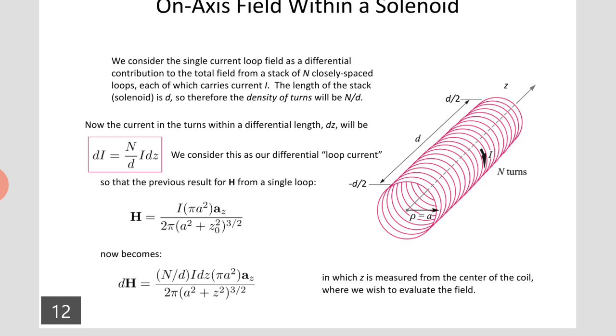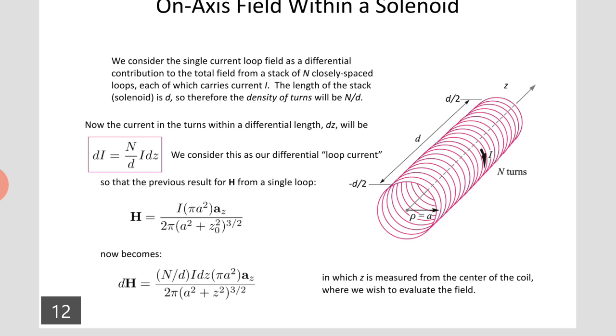Now, as we have the previous result for H from a single loop, H equals I π a² az divided by 2π (a² + z²) raised to 3/2, the equation becomes dH equals n by d I dz π a² az divided by 2π (a² + z²) raised to 3/2.